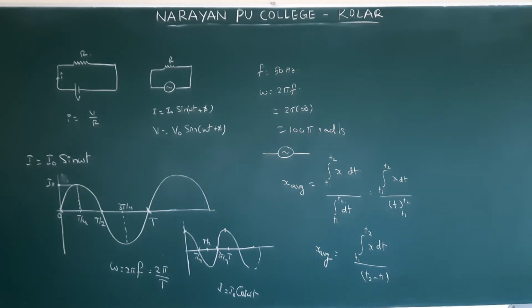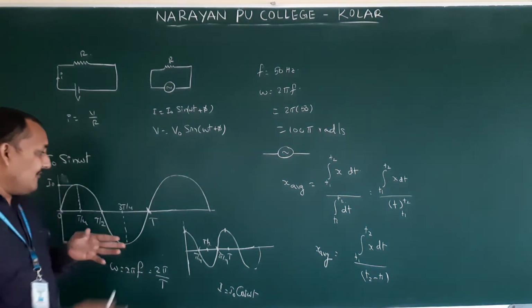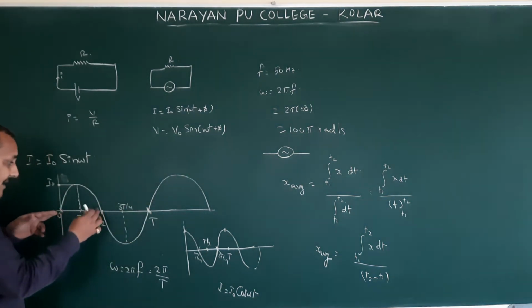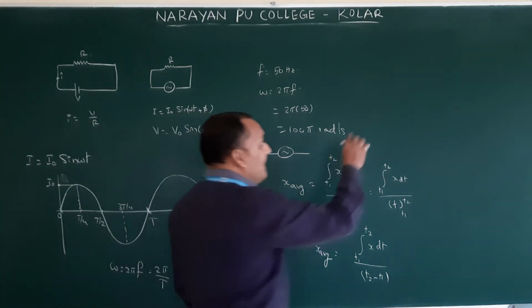For one full time period they give the average value of AC as 0. First we are finding the average current value for half cycle, from 0 to T by 2. In our book manual they give it directly for one cycle, but first I am writing for half cycle.